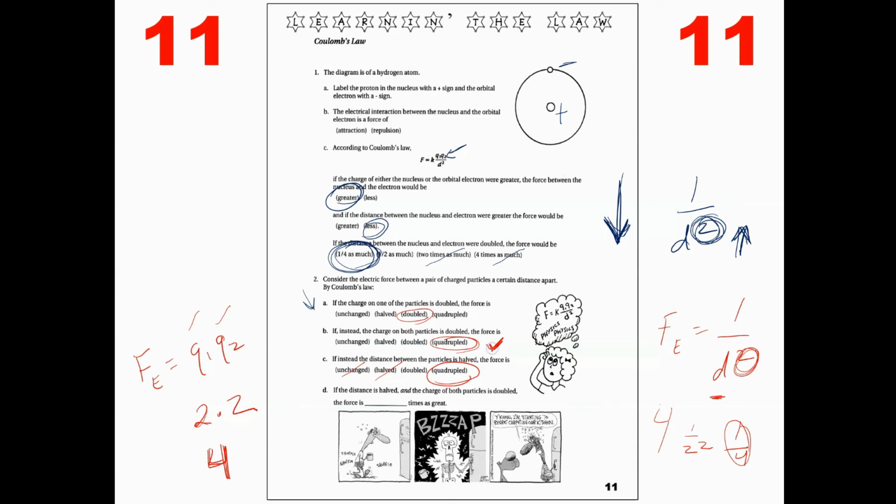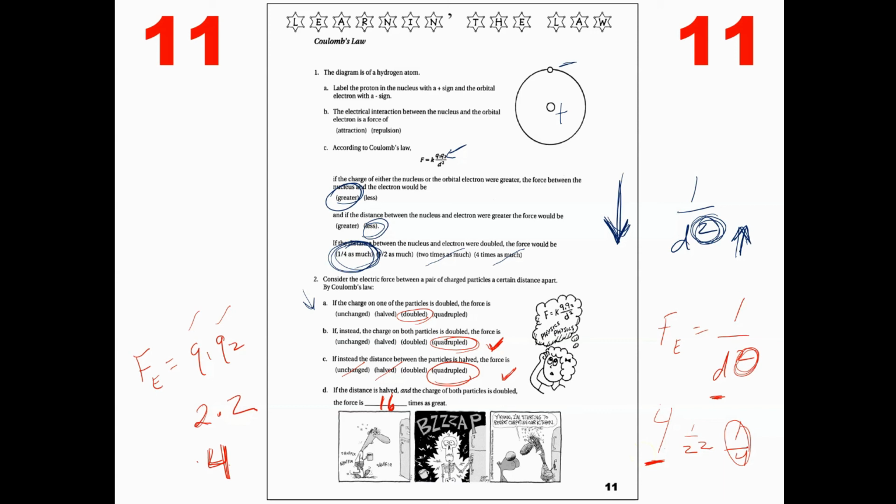And then if the distance is halved, that one we just did. That was a 4 times increase, so 4 times 4 is 16. If you had the answer of 8, 4 plus 4 is 8, take your glasses off.